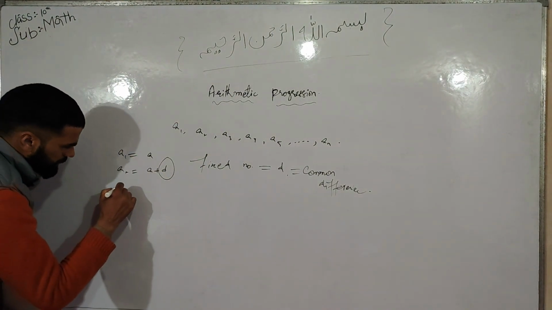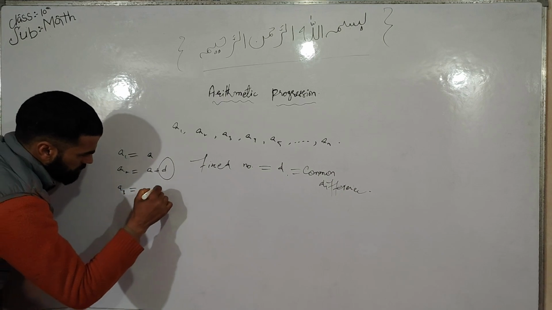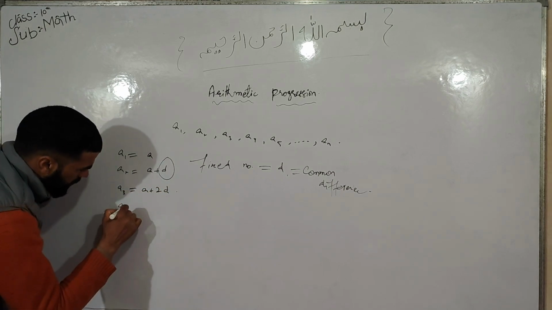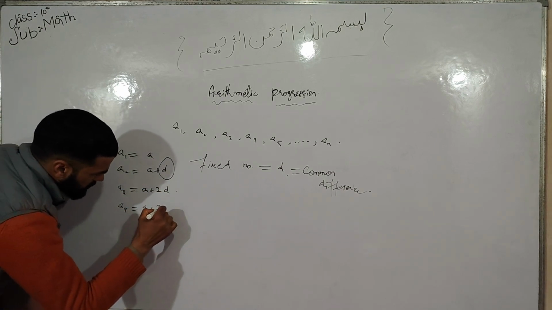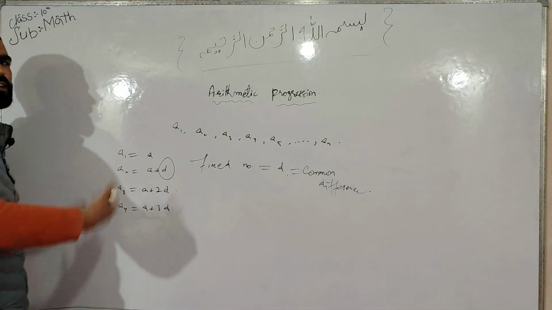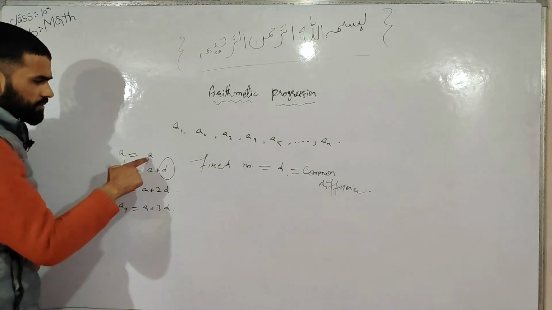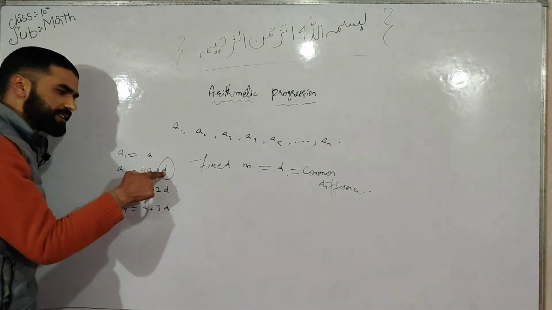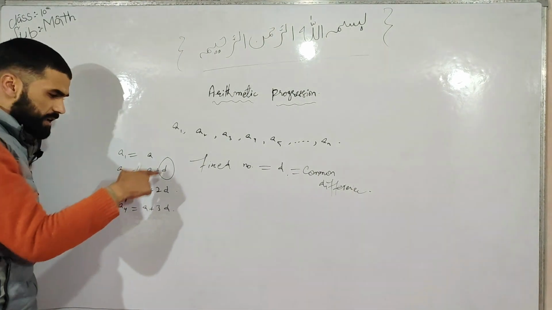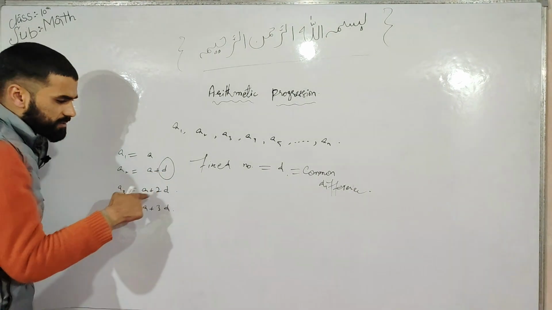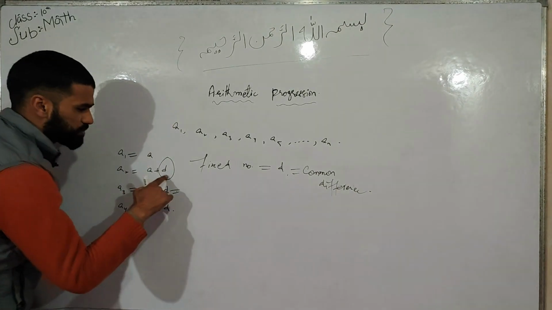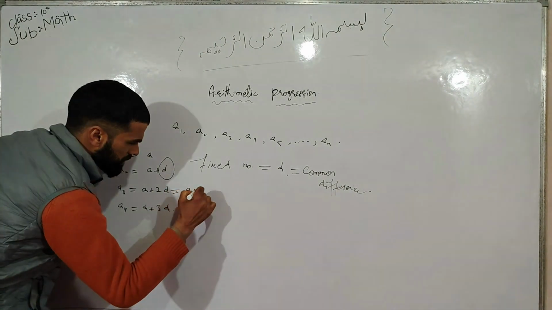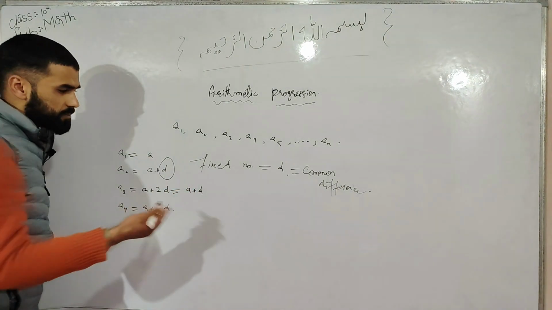Okay, so a3 is a plus 2d, and a4 is a plus 3d. Because we're adding a fixed number, the first term is a, the second term is a plus d, so we're adding a fixed number, that is d, to the preceding term, and the third term will be, this preceding term is a plus d, but we have to add a fixed number. What is that fixed number?